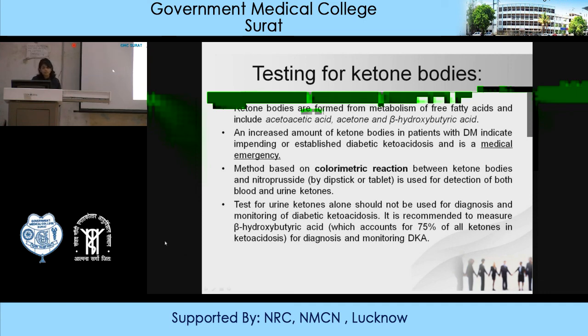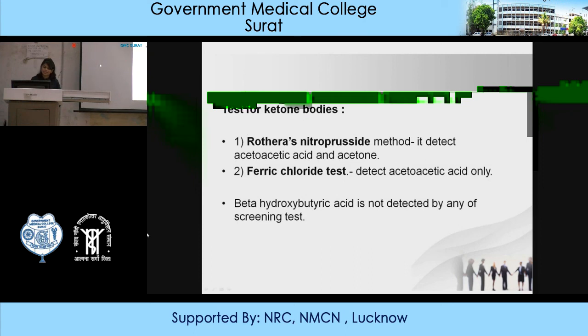So we need to specifically perform the measurement of this type of ketone body. Okay, so these are two tests that are primarily performed for detection of ketone bodies. The first one is the Rothera's nitroprusside method, which detects acetone and acetoacetic acid, and the second one is the ferric chloride test, which only detects acetoacetic acid.